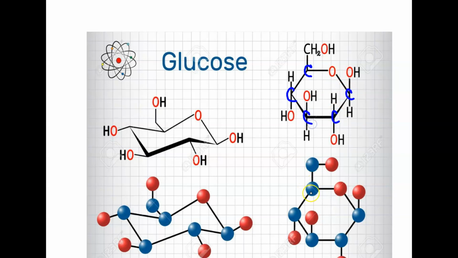So these blue atoms are actually here on the corners. And this is called an organic molecule because it is made out of mostly carbons, but also oxygens and hydrogens. So glucose is an example of an organic molecule.